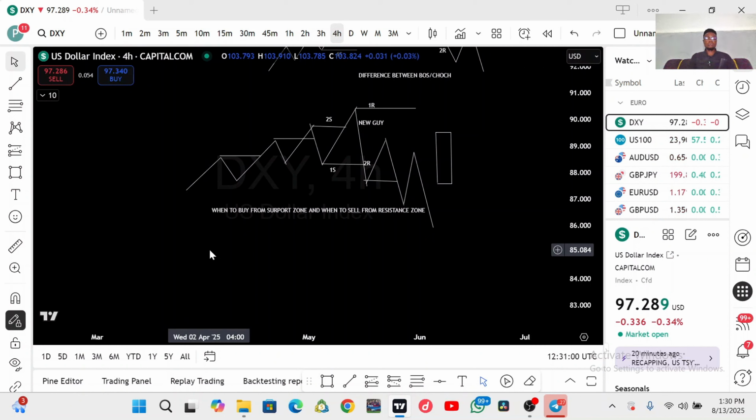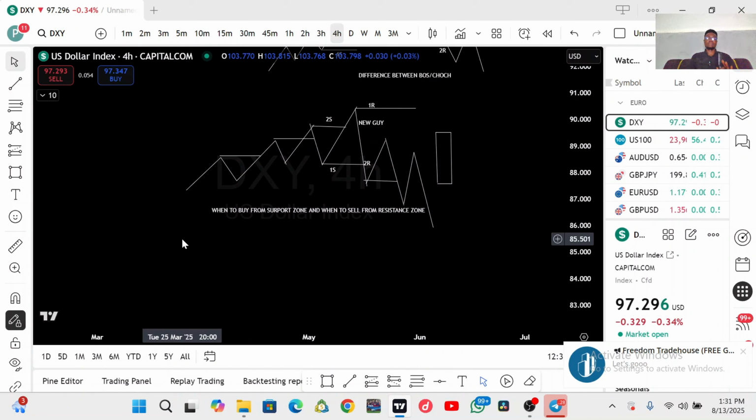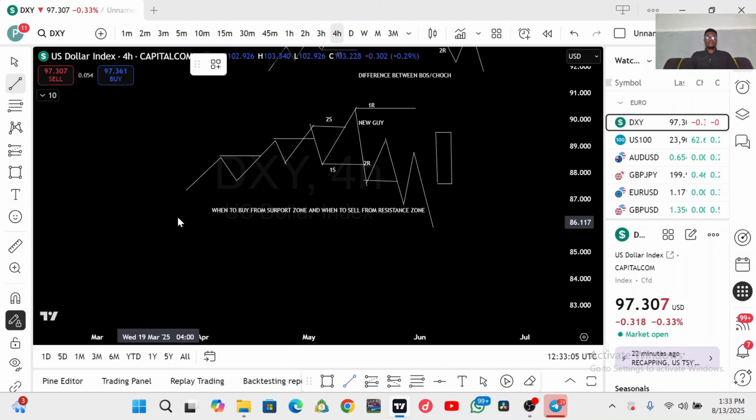Now, as simple as that may sound, that is the concept of the buyers and the sellers in the market. The buyer wants to buy at discount, the seller wants to sell when price is at premium. I'm also saying that most traders will know this analysis, but my analysis is based on financial analysis, just like your demand and supply, if I am correct.